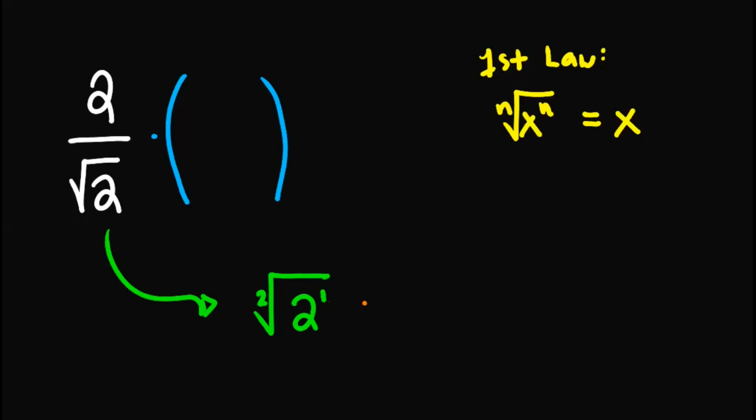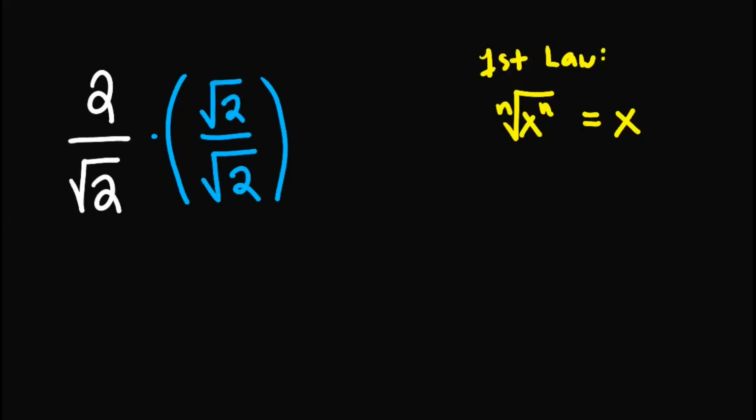So we know that we need to multiply a square root of 2 raised to 1 as well, or simply square root of 2. So we'll have out here square root of 2 over square root of 2.